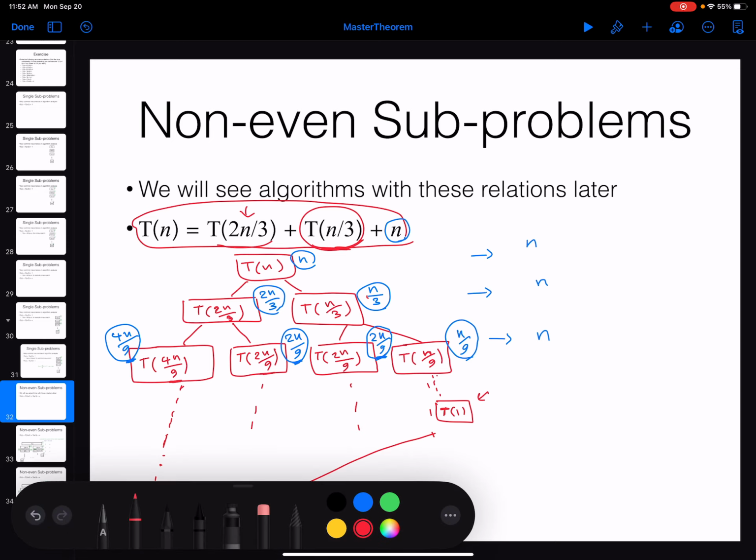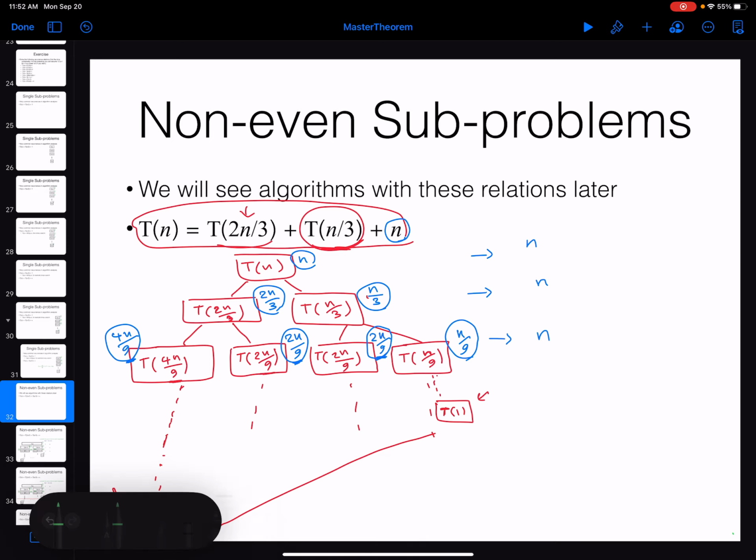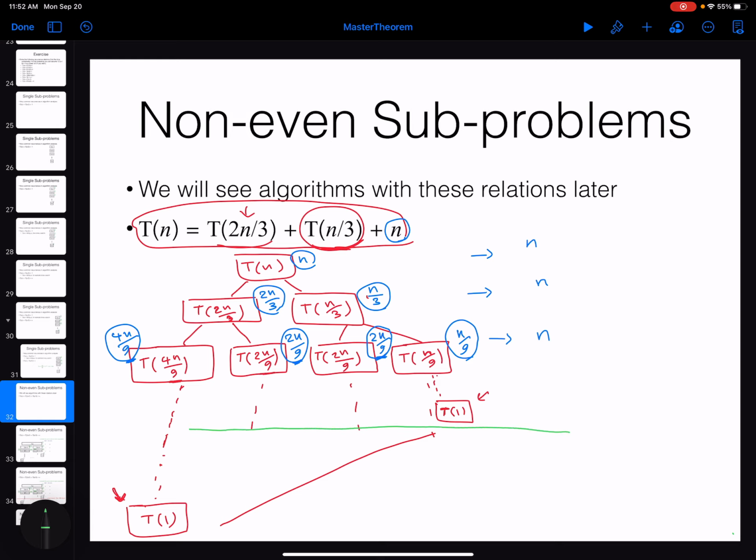A method that I can apply here is to find an upper bound for the cost of the tree and a lower bound for that. So assume that I would stop the full tree at this level, the earliest step where you reach a leaf node.